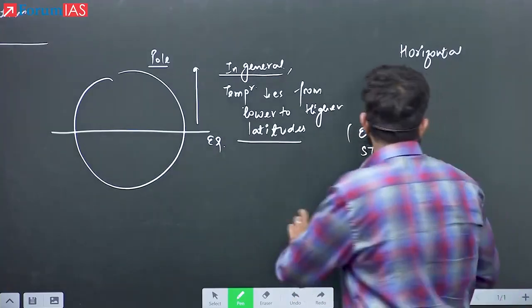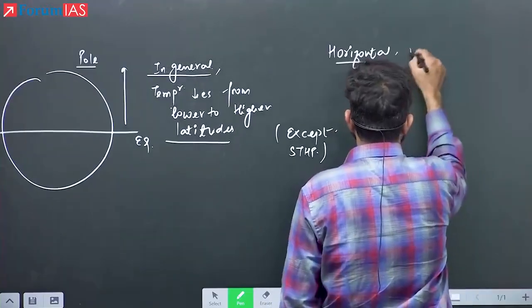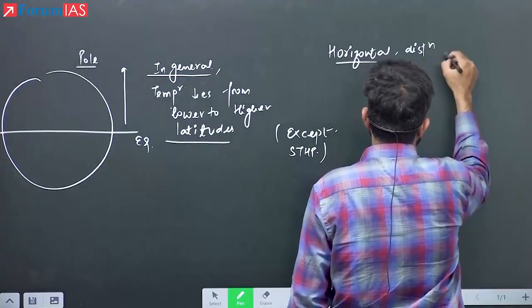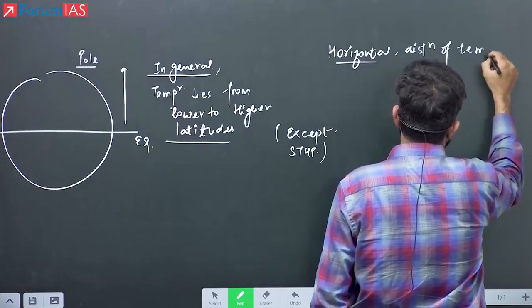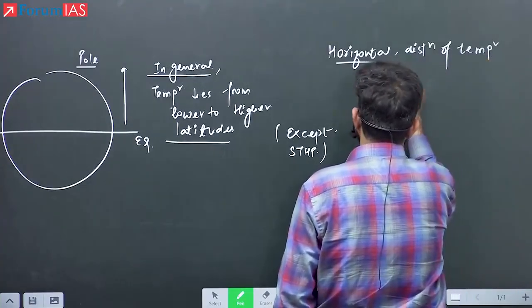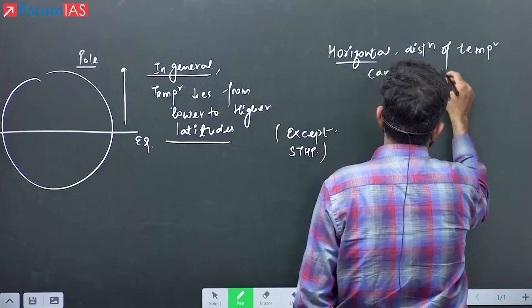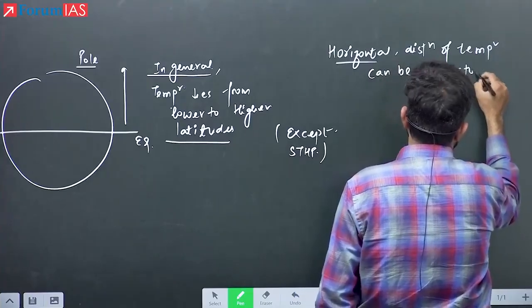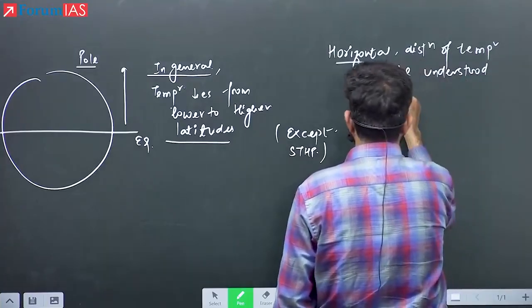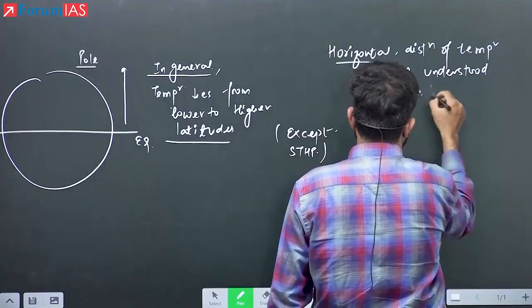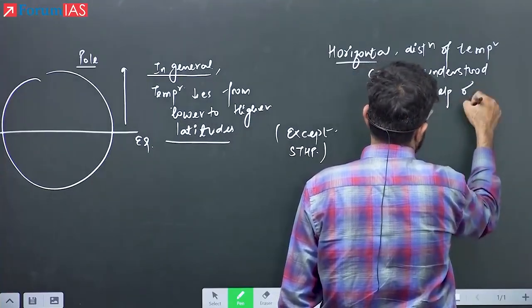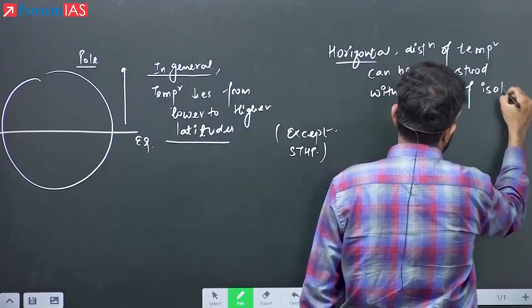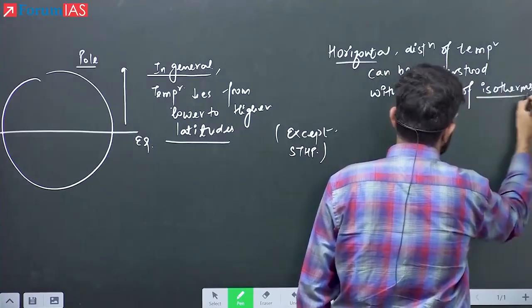Okay? So now here horizontal distribution, write down horizontal distribution of temperature can be understood with the help of isotherms. Okay?